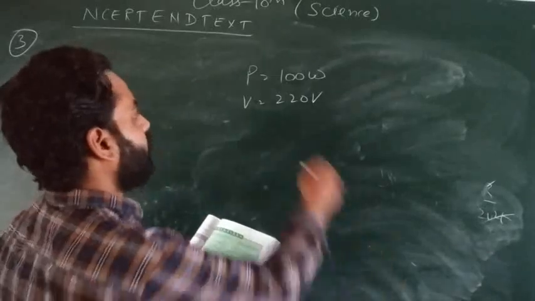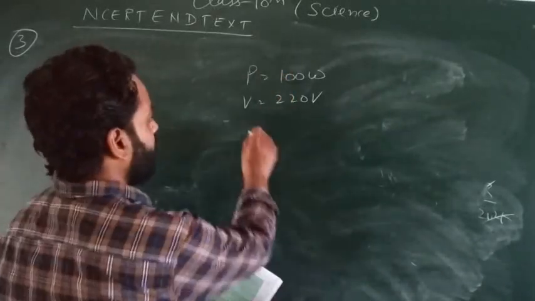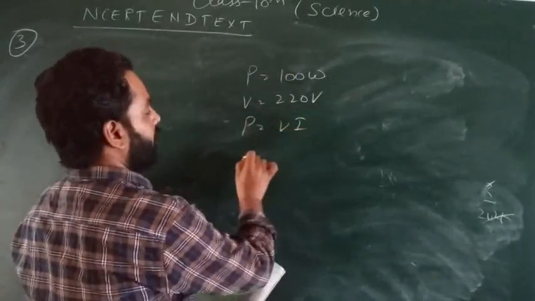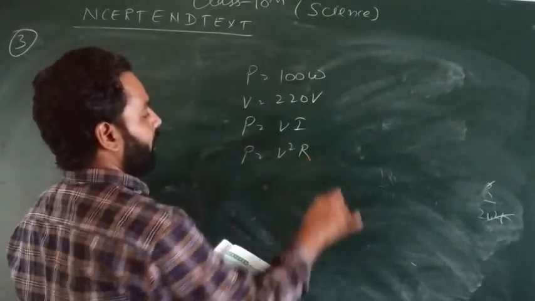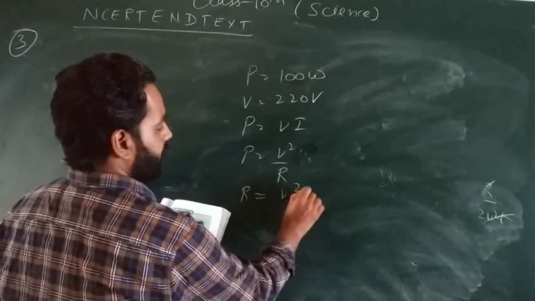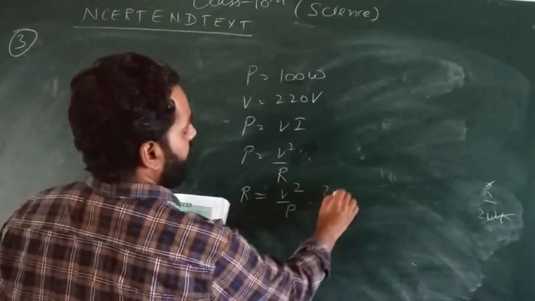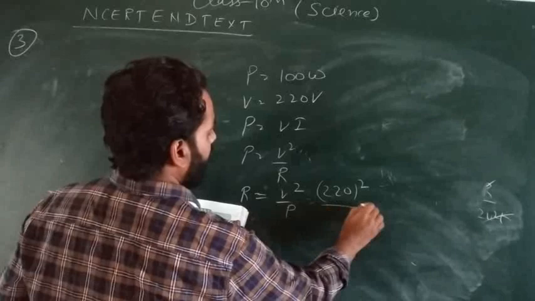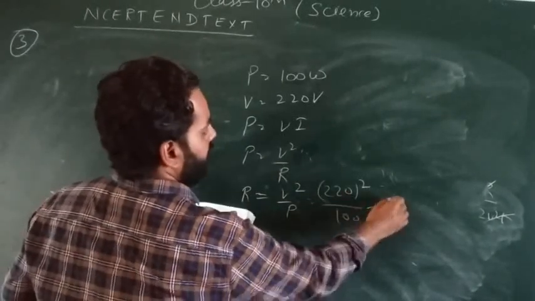First find the resistance of the bulb, because we know that P is equal to VI, so P is equal to V square by R. So R is equal to V square by P. V is 220 and P is 100.